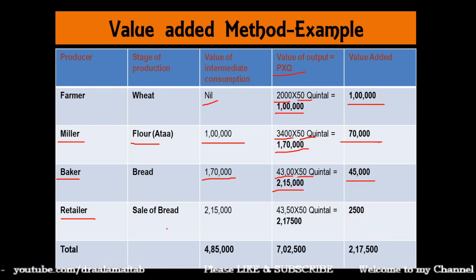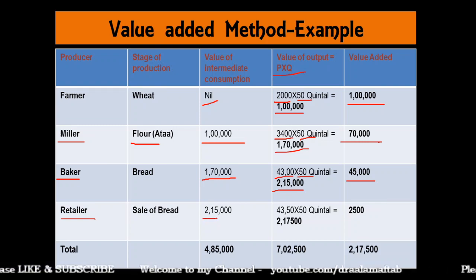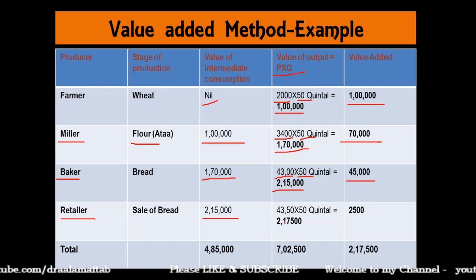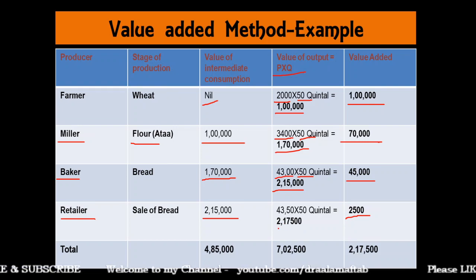Similarly, retailer is selling bread to the final consumer, and for him the intermediate input is 2,15,000. He is adding some value, and the value addition here you can see is 2,500, and value of output is 2,17,500.